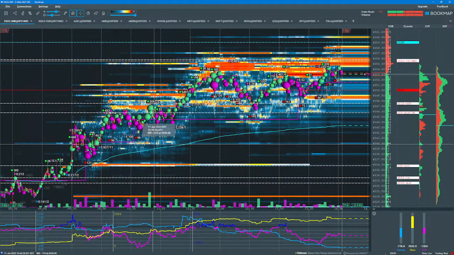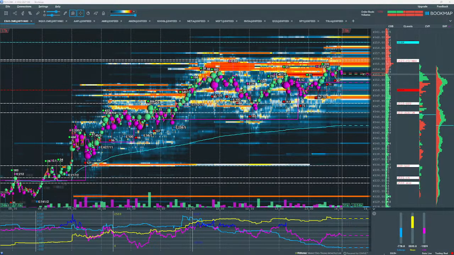Slow grind up. And looking at hero, here's that reversal higher right around 950. A little bit of a shift in order flow, a lot of aggressive buyers coming in.